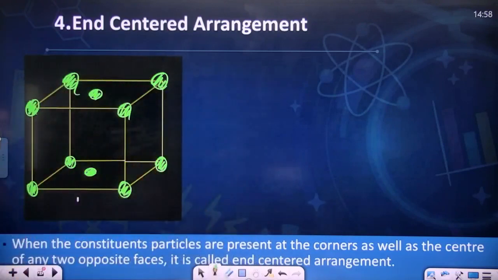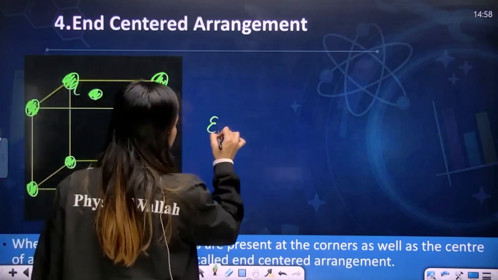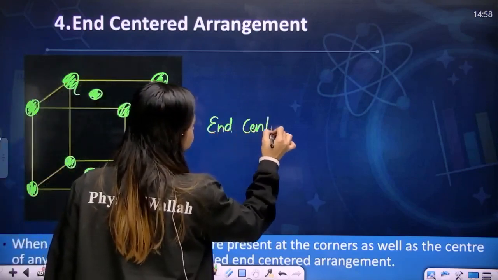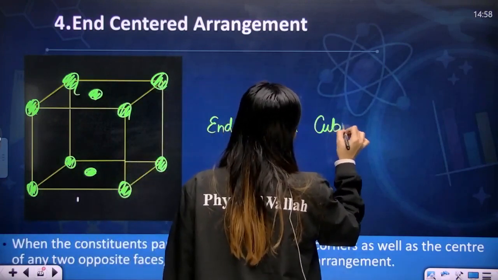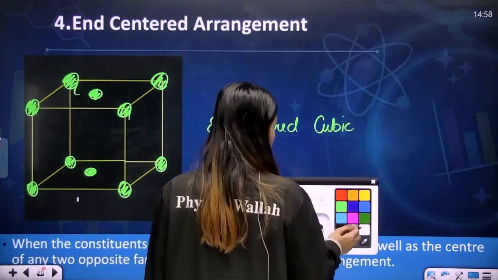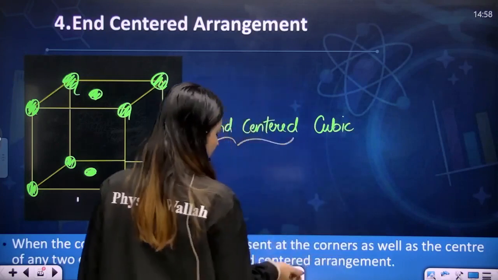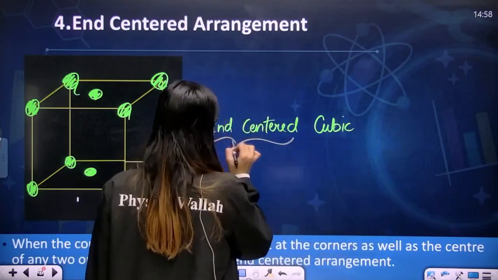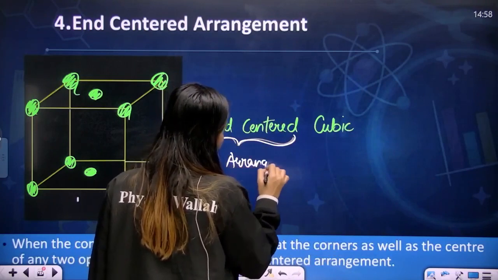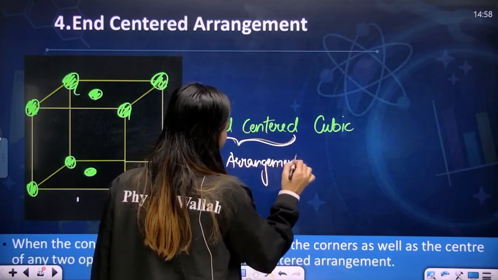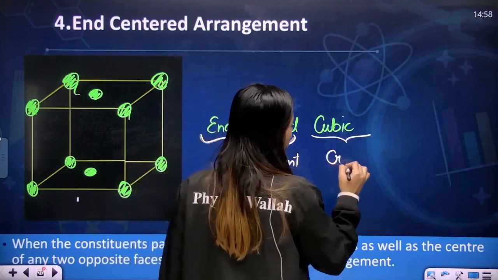Now you can draw this, and this would be known as end centered cubic crystal system. Okay, so this will be your arrangement, and this will be your crystal system.